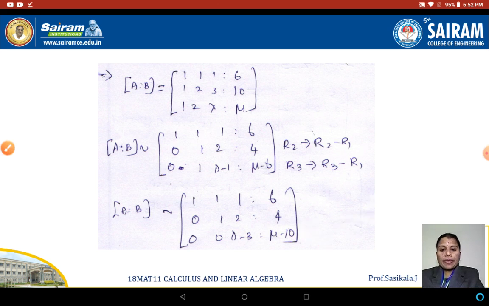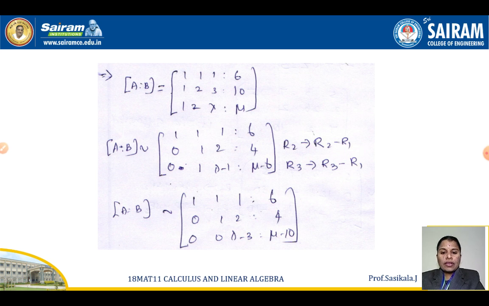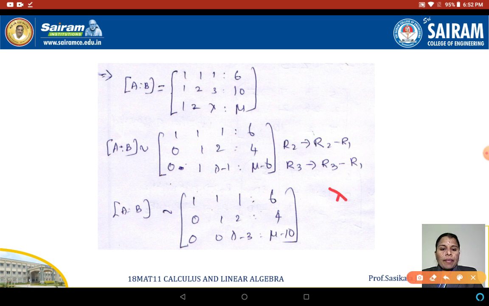So 0 minus 0 is 0, then 1 minus 1 is 0, and lambda minus 1 minus 2 gives lambda minus 3. For the next one, we have mu minus 6 minus 4, which gives mu minus 10.